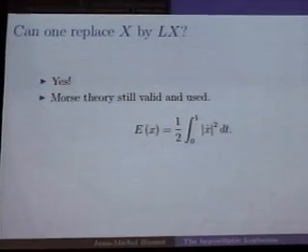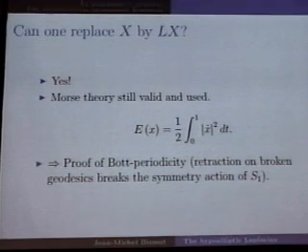If you take a loop, you just take its energy, E of x, and you know that its critical points are the closed geodesics. And Morse theory has been used in a variety of contexts on the loop space, in particular by Bott in his proof of Bott periodicity.